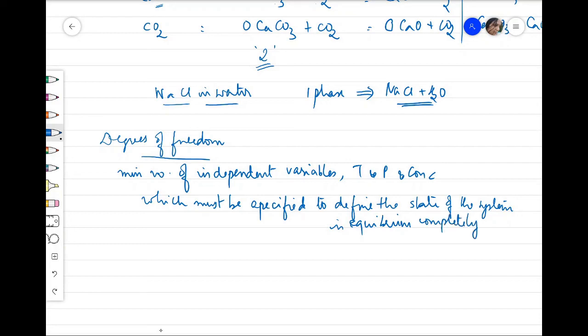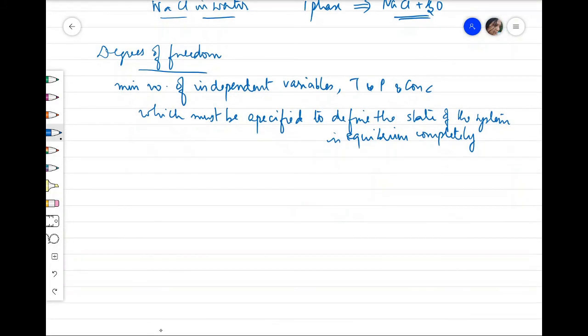Okay, let me take a system again: water with ice. Now see here, P is equal to 2, and the state of the system is completely defined.